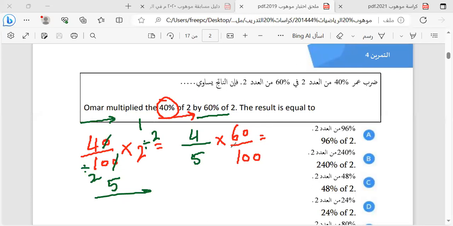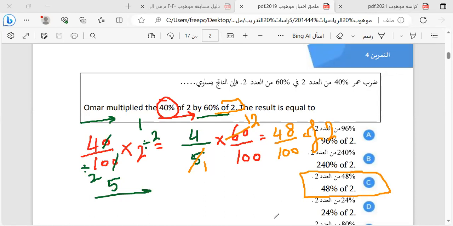We can simplify 5 with 60. 60 divided by 5 is 12. 4 times 12 is 48, over 100, so 4,800. So the answer is 48% of 2. So the answer is going to be C.